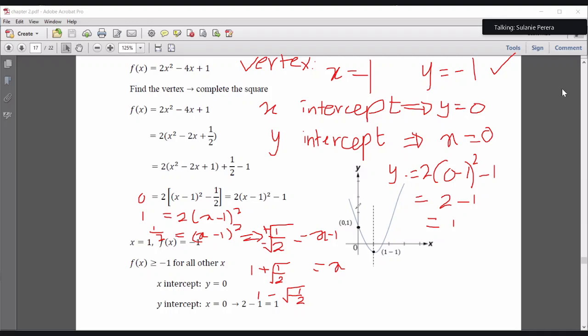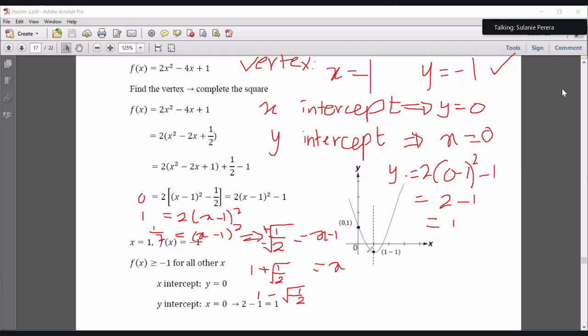Is it okay? Did you all do it? So how do we do it? You find the x-intercept by plugging in y equals 0, y-intercept by plugging in x equals 0, and we find the vertex.